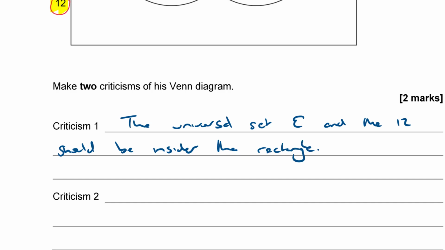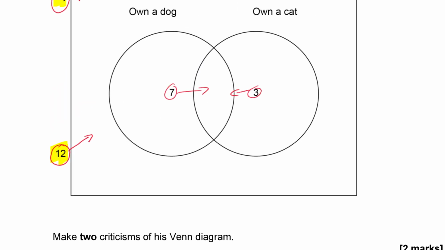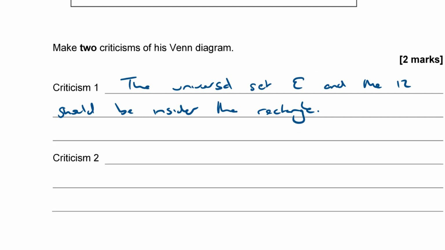That's my first criticism. And my second criticism then is that 12 plus 7 plus 3 adds up to more than 20. 12 plus 7 plus 3 is greater than 20, which basically means that some people owned a dog and a cat.